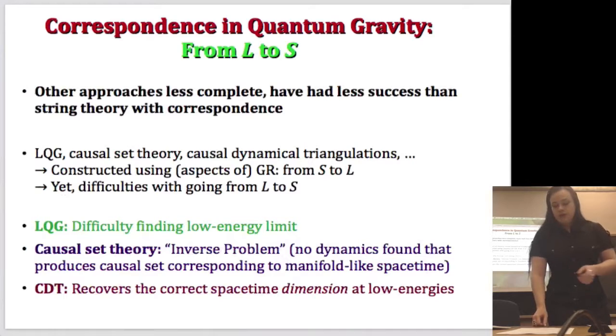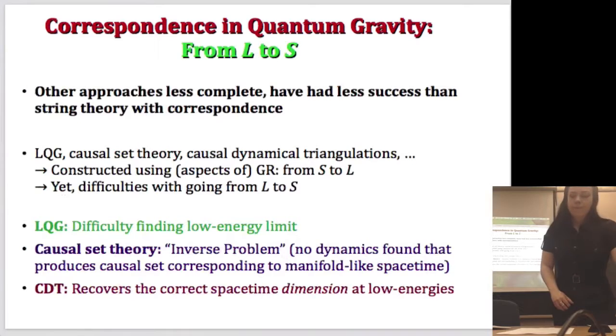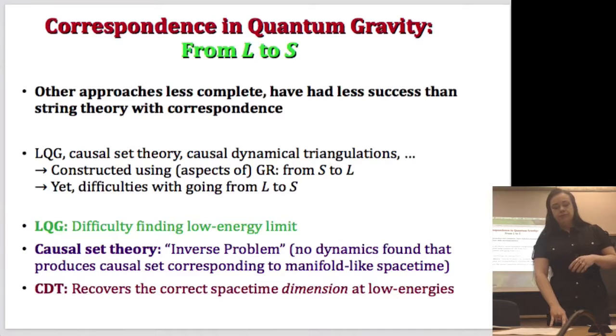Okay, so other approaches? Obviously much less complete. They've also had less success than string theory in this regard. So loop quantum gravity, causal set theory, causal dynamical triangulations. Again, they're constructed from our current theories, so going from S to L, but they're all having trouble going back the other way and making links with current physics.